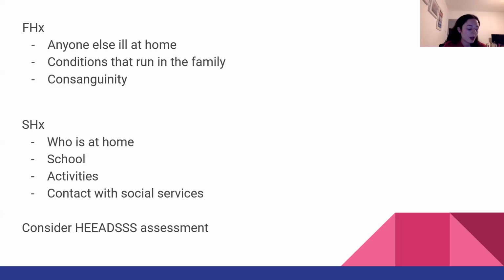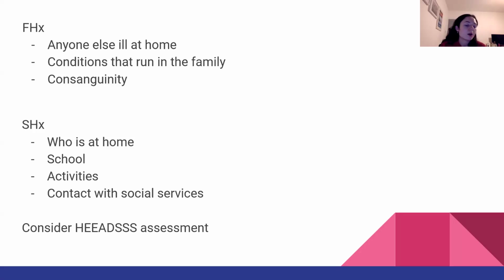And then especially if they're an older child, consider a HEADS assessment. If you haven't done peds and you've never seen that before and you don't know what I'm talking about, it's essentially going into a longer social aspect of what might be impacting someone's mental health.